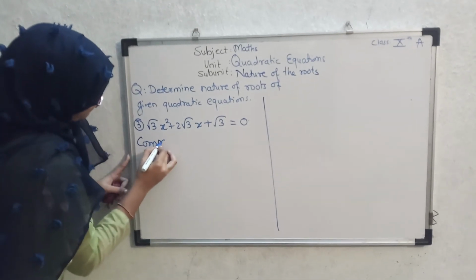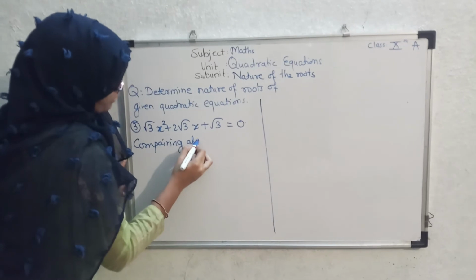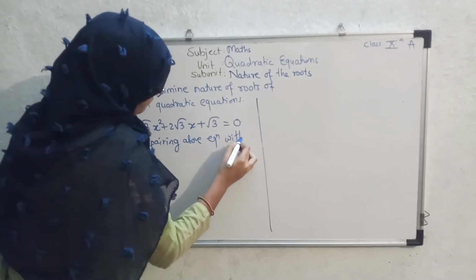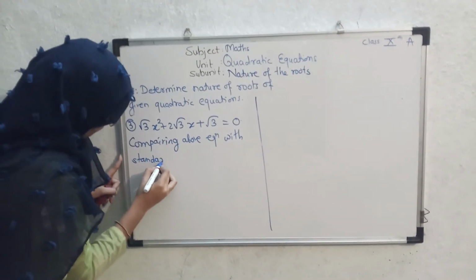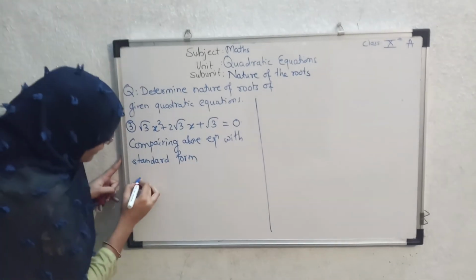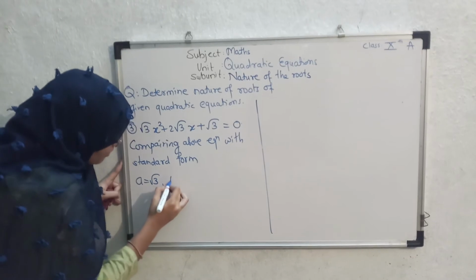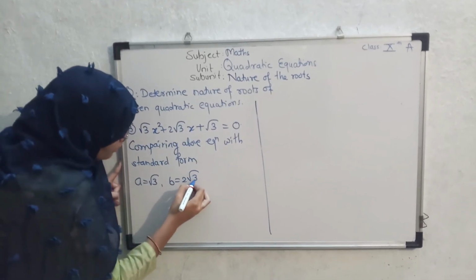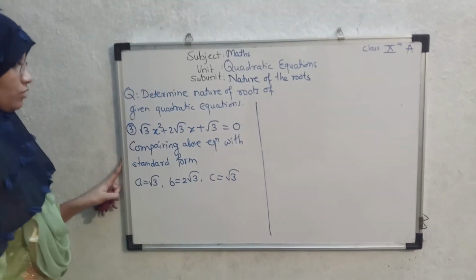Now first compare this equation with the standard form. We got A, the coefficient of x square, is root 3, B, the coefficient of x, is 2 root 3, and C, the constant term, is root 3.